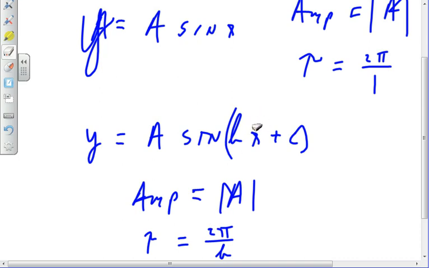It's an X, obviously. Is that better? What is the phase shift? C over B. Right? So we're going to do it one more time.